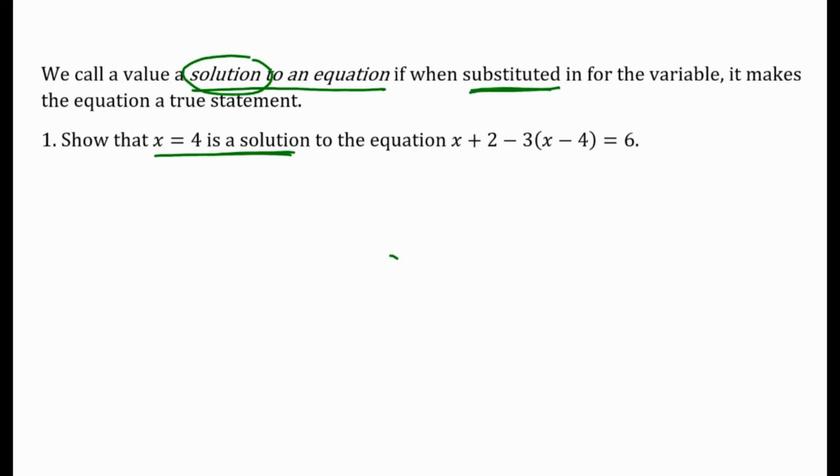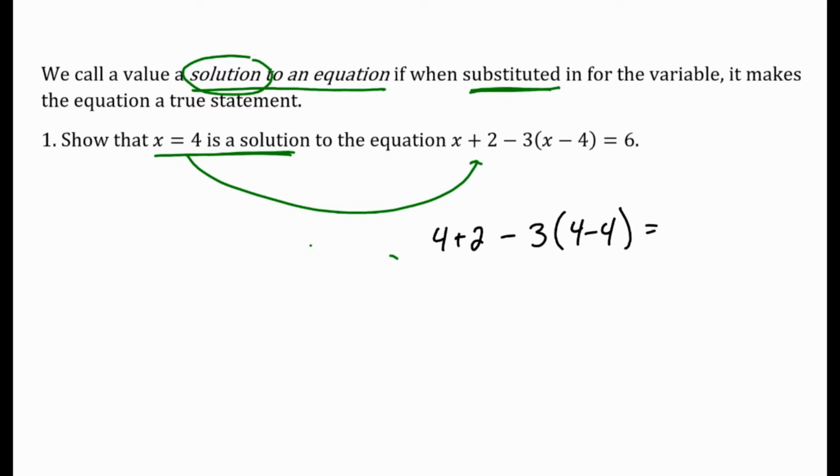We use some substitution. We're going to take x equals 4 and play everybody's favorite game, plug it in. Take 4 and plug it in wherever you see the variable x. So I have 4 plus 2 minus 3 times 4 minus 4. Does that equal 6? I have no idea if it equals 6. That's what we want to figure out.